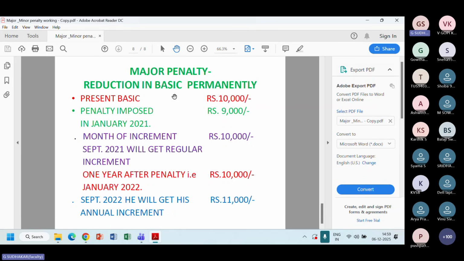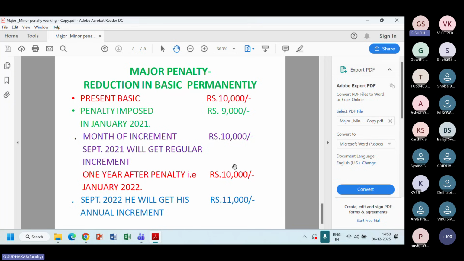See, similarly, the reduction in basic permanently. Reduction in basic permanently means present basic 10,000, penalty imposed 1,000 rupees in January, so 9,000 will come. Normal increment 10,000. 1 year after the penalty, he will not be restored to 11,000. He is losing 1,000 rupees reduction in basic.